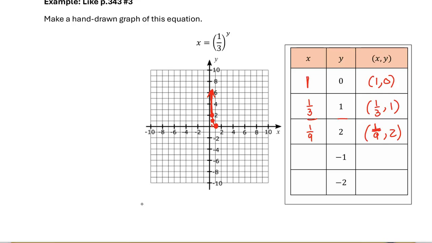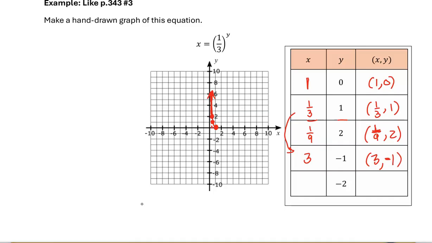If it's 1/3 to the -1, that's the reciprocal of 1/3 to the 1. So that would be the reciprocal of 1/3, which would be 3/1, which is 3. So it'd be (3, -1). 1, 2, 3, -1 right there. And 1/3 to the -2 would be the reciprocal of 1/9, which would be 9. Right, so it'd be (9, -2). So all the way over to 9, and then -2 right there.